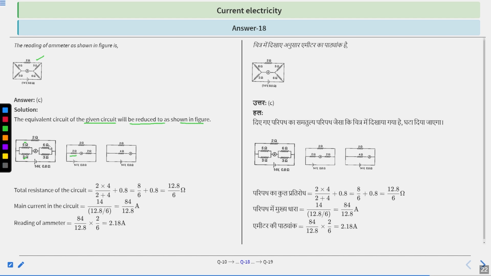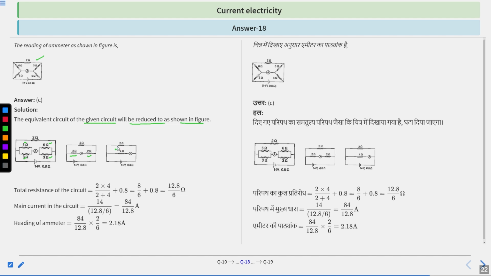Similarly, this 6 ohm and 3 ohm are connected in parallel, so the equivalent of this is 2 ohm. Clear? And this 2 ohm and this 2 ohm are connected in series, end to end, so the equivalent resistance is 4 ohm.